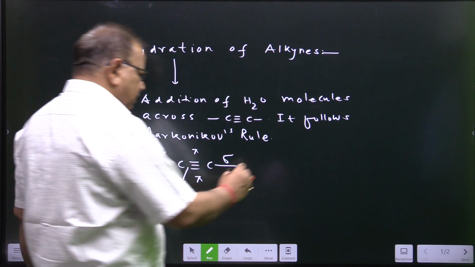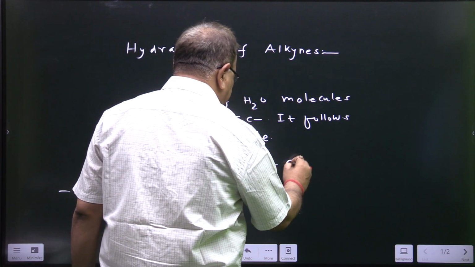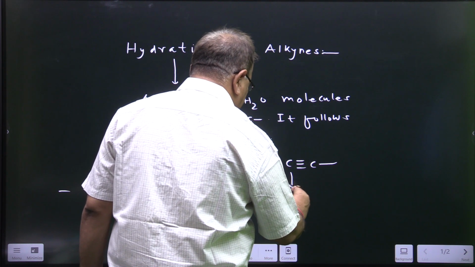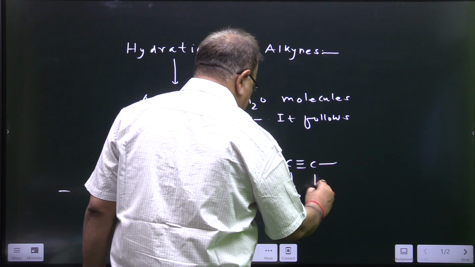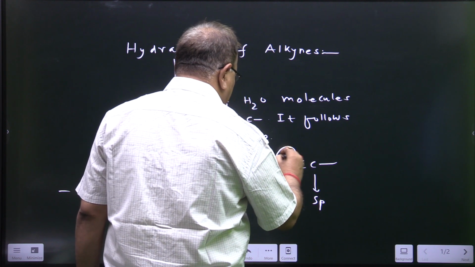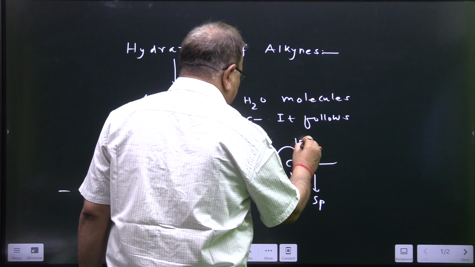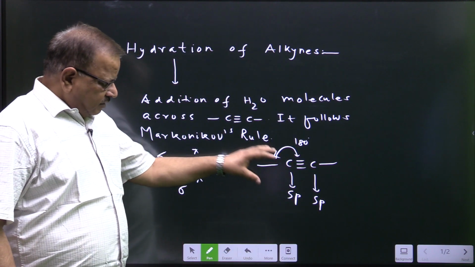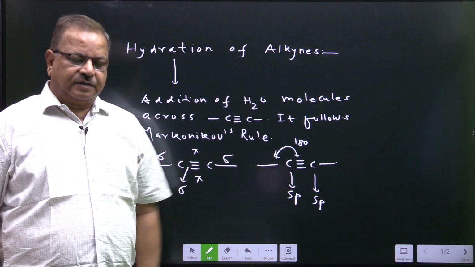Not only that, in alkynes this carbon is sp hybridized, it's linear, and the bond angle is 180 degrees. Actually, these alkynes are less reactive than alkenes.